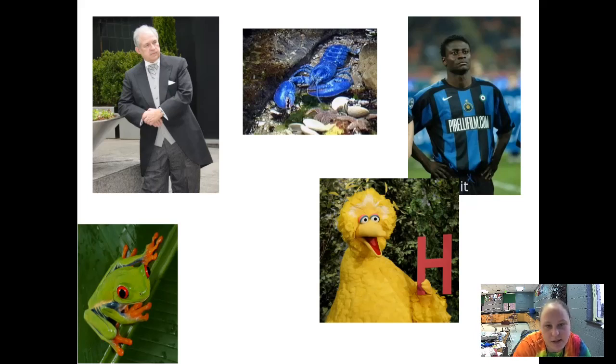Also the blue that you see, that means the blue color is reflected and all the others are absorbed. The green and orange frog, all the colors are absorbed except those two colors that reflect back to our eyes and we can see. We have Big Bird over here, which is yellow.